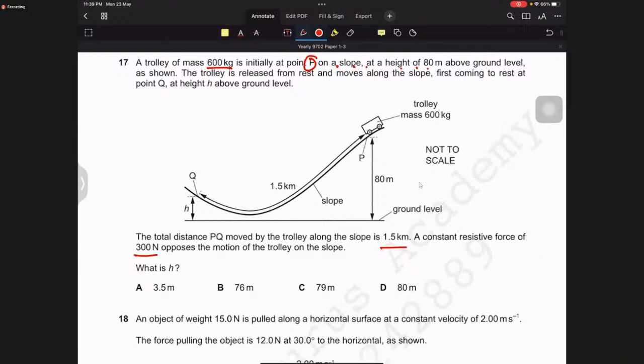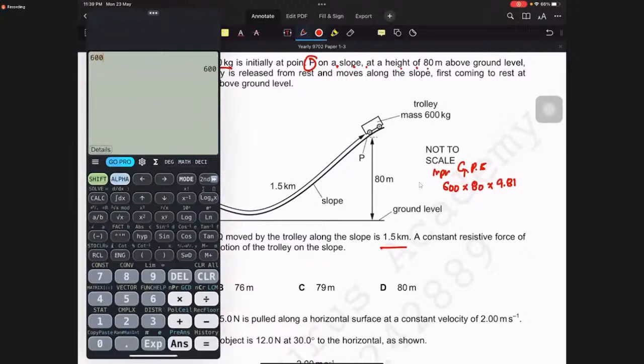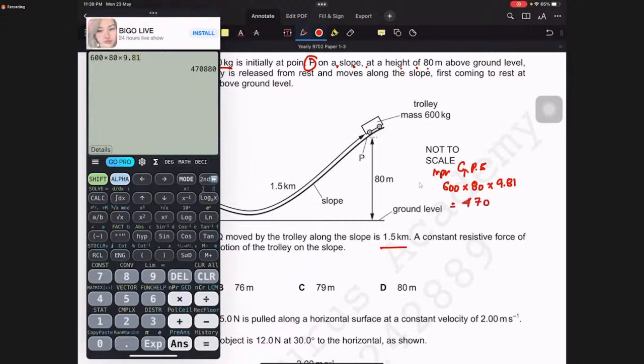What is H? Now we know that gravitational potential energy is the first input, right? So 600 times 80 times 9.85. Okay, so this is the total energy we got, and this is 470880 joules.